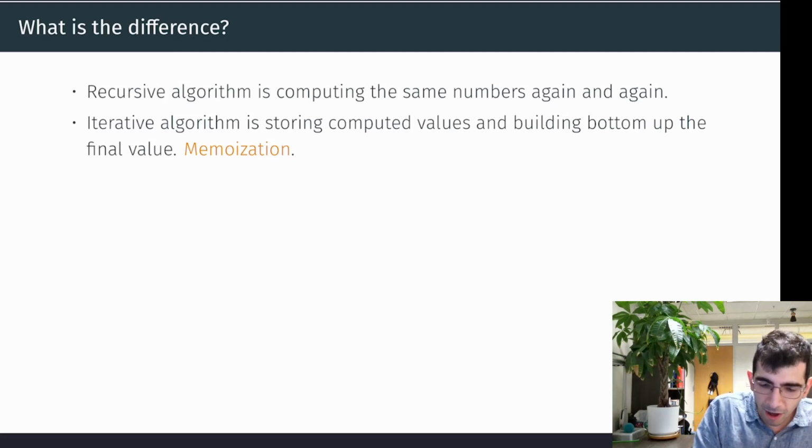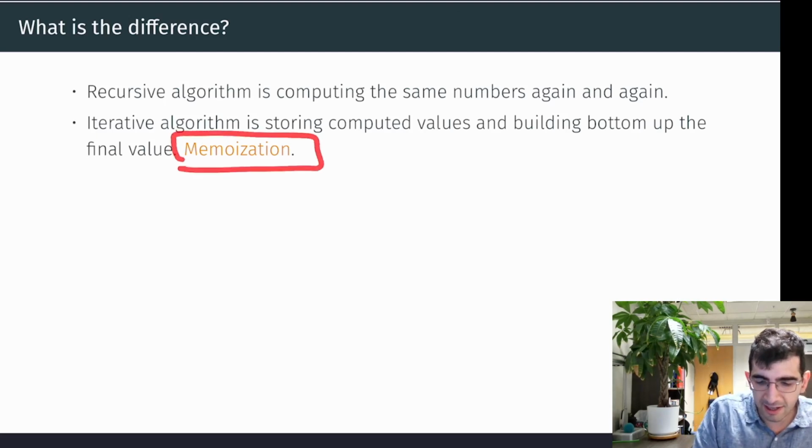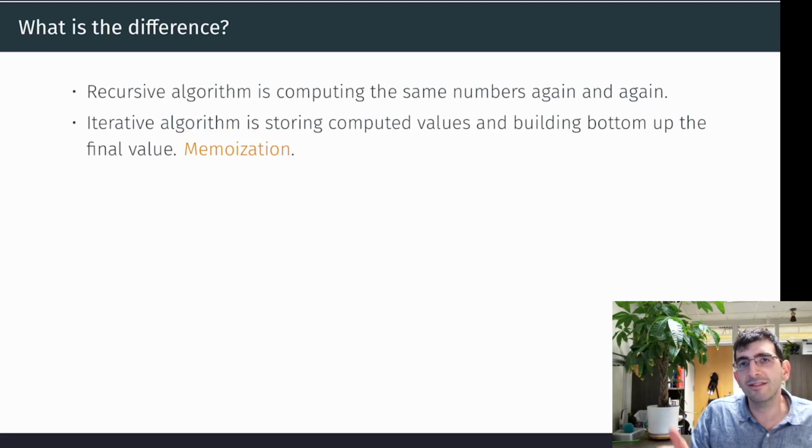So memoization is the idea that when you have a particular problem instance that you are going to hit multiple times, you should store the solution so that after the first time you don't have to recompute everything.